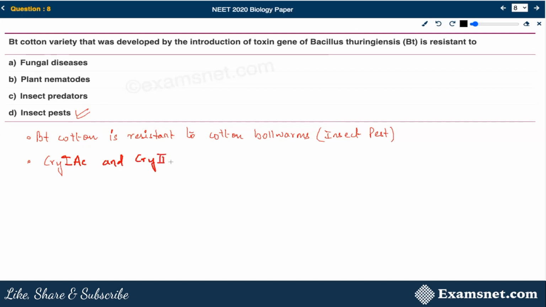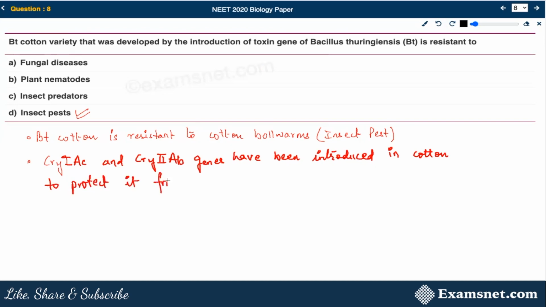These genes have been introduced in cotton to protect it from bollworms.